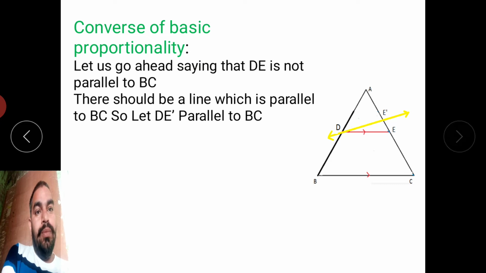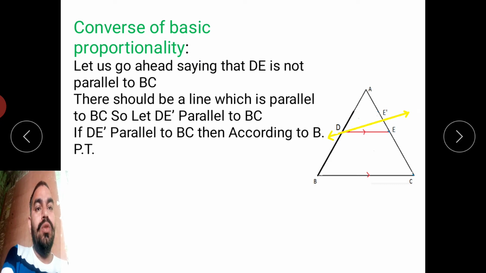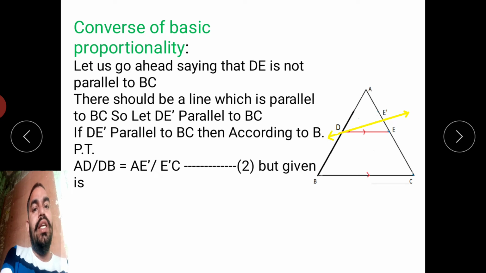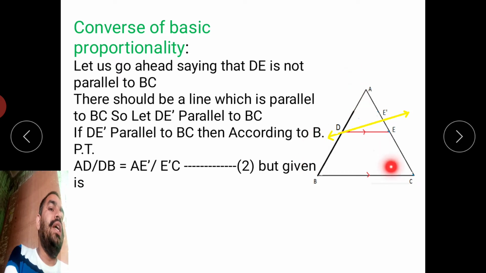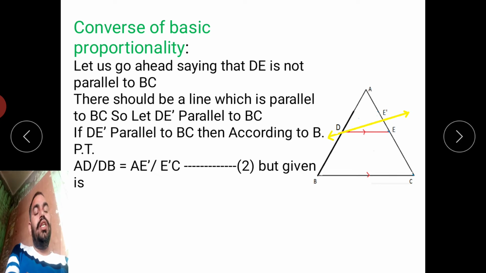Now move ahead. If DE dash is parallel to BC, then according to the B.P.T theorem, AD upon DB equals AE dash upon E dash C. The other two sides are in the same ratio.